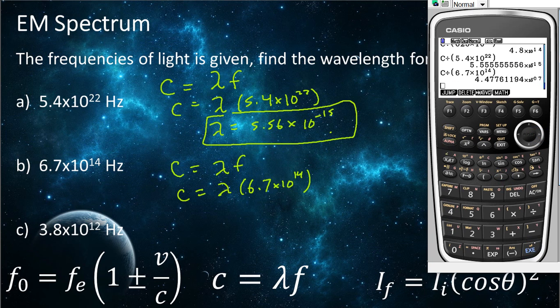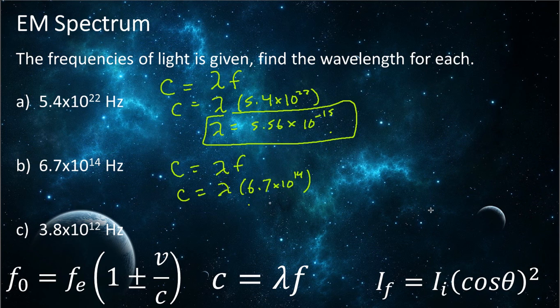And 4.48 times 10 to the negative 7th. Now, all of these are wavelengths in meters, and I think you get the point, so I won't do that last one.